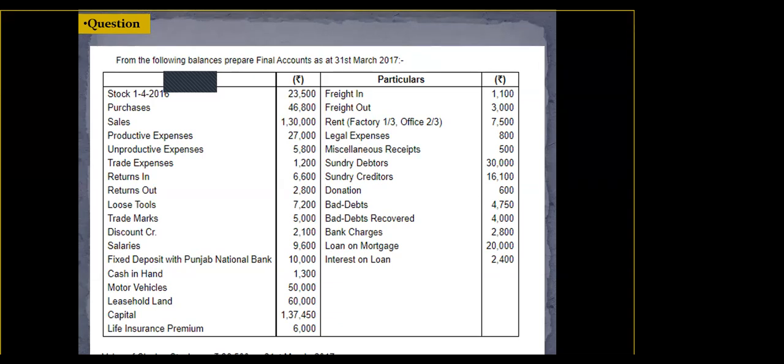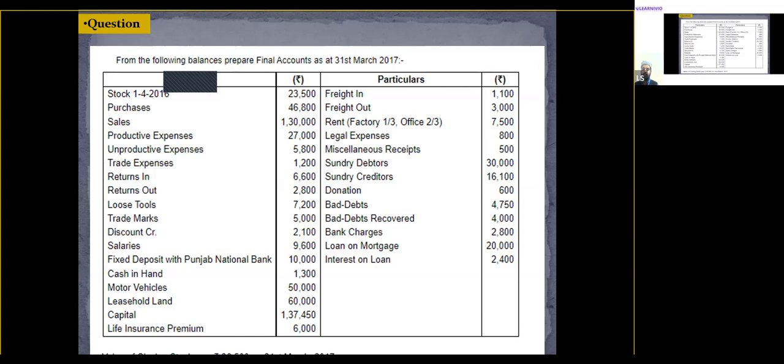Next item we have is sales. We have also learned about this, that sales are also written in the trading account after adjusting the value of the sales return. So sales return is also given in the question by the name of return in. Return in is short for return inward. So we will be writing 1,30,000 minus 6,600 on the credit side of the trading account.